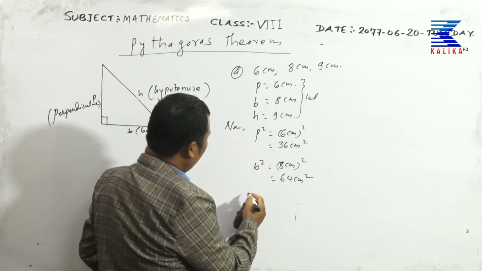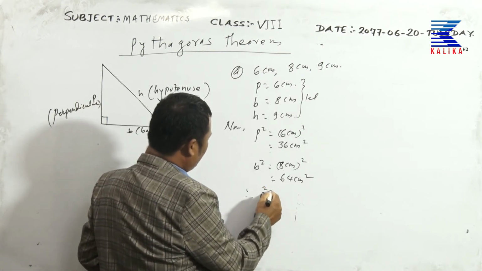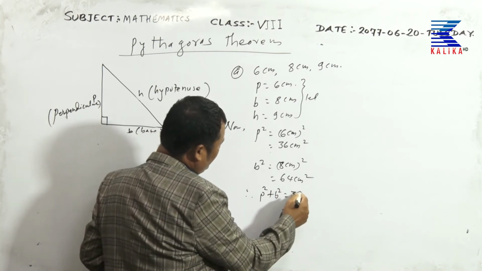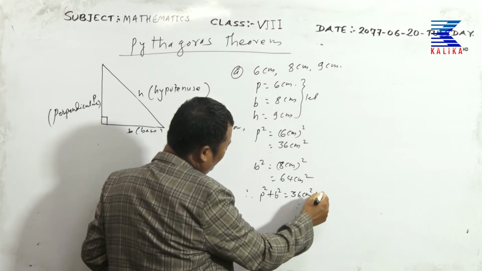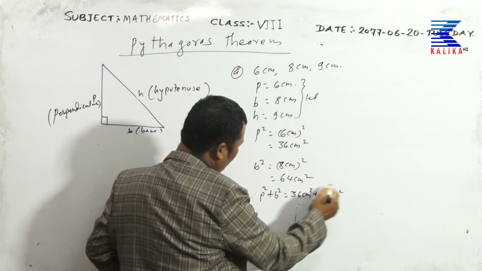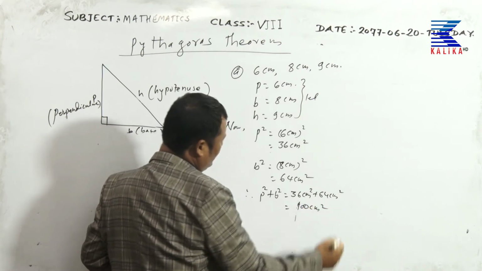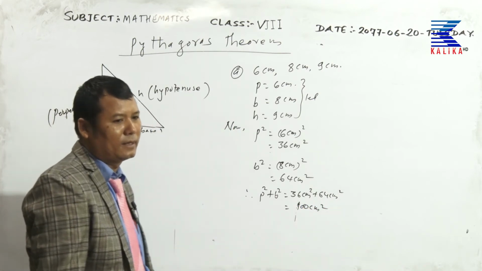Now, what is the sum of P square plus B square? P square plus B square is 36 cm square plus 64 cm square. What is the value of them? 100 cm square.